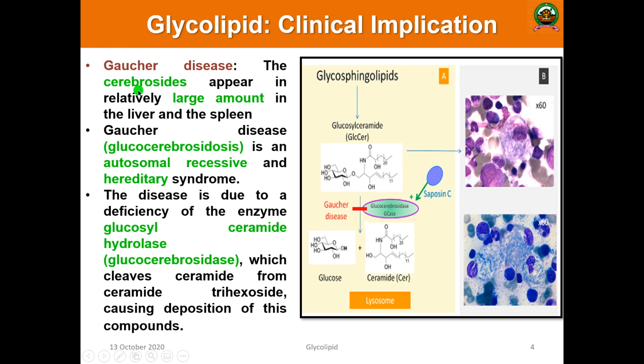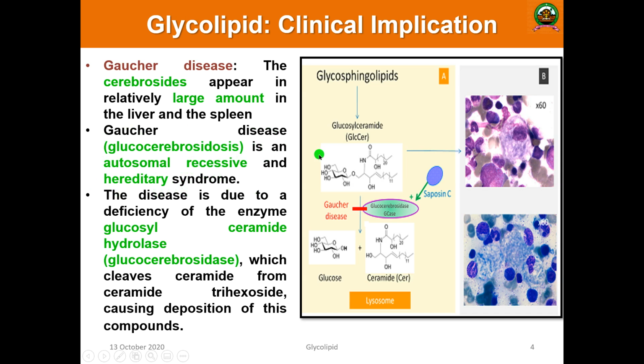If the cerebrosides accumulate in large quantity, either in the liver or in the spleen, it leads to Gaucher disease. Gaucher disease is otherwise known as glucocerebrosidosis, and this is an autosomal recessive and hereditary syndrome.